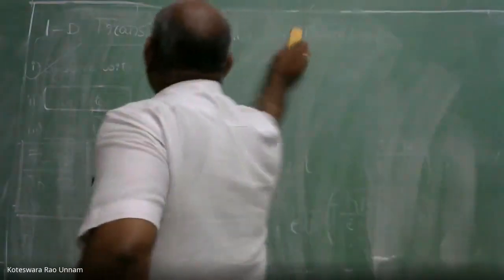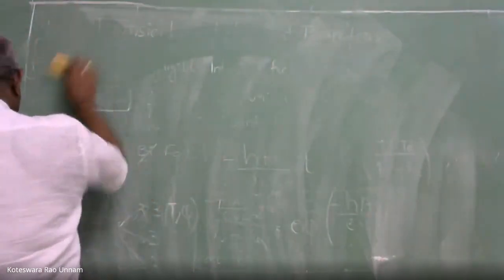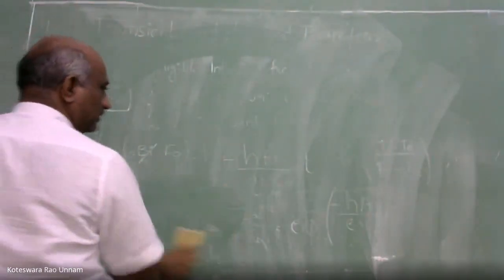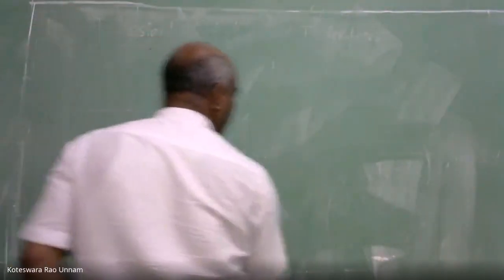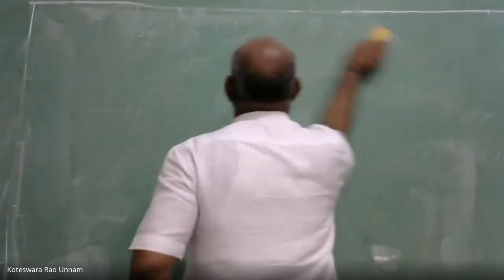Okay, so now whatever problem we took up in the previous class, now we'll see the solution for that problem. So what is the problem? The problem is on fluctuating loading, and whatever data he has given, you write down the data first.